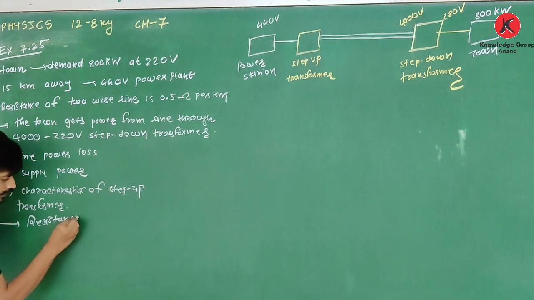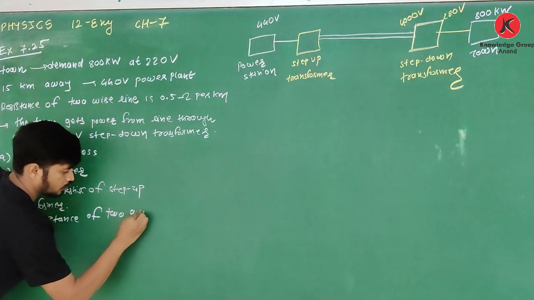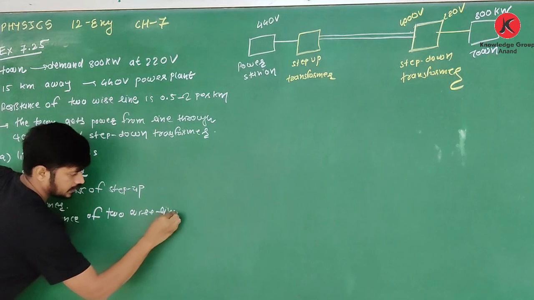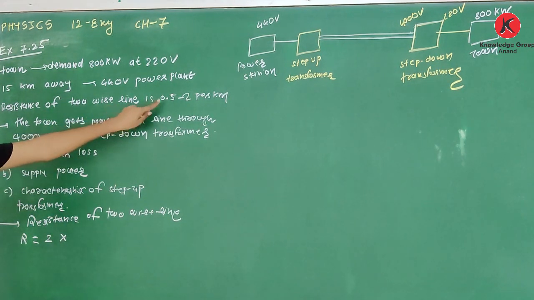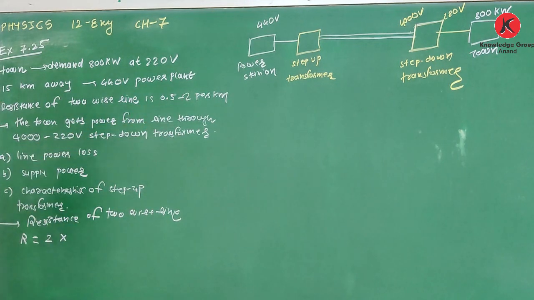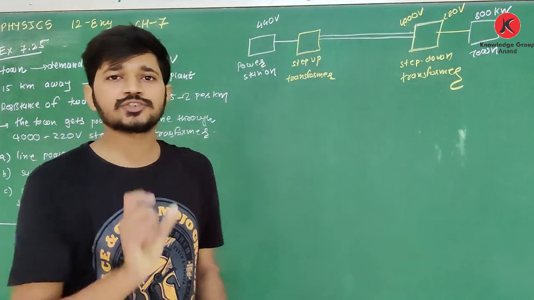Resistance of the two wire line. R is equal to... see, resistance of two wire line means you are given two wires, into 0.5 ohm per kilometer. That means if 1 kilometer of wire is there, resistance is 0.5.